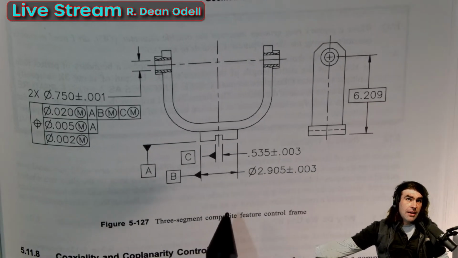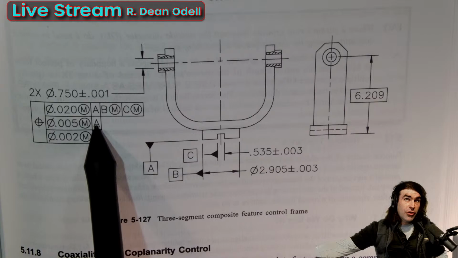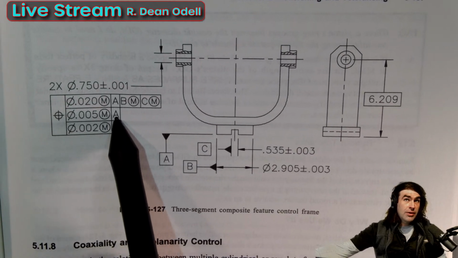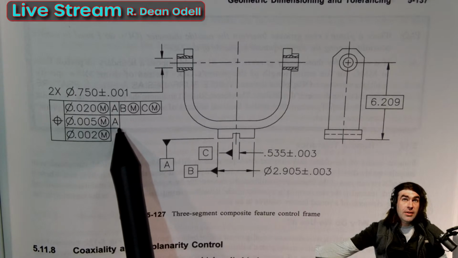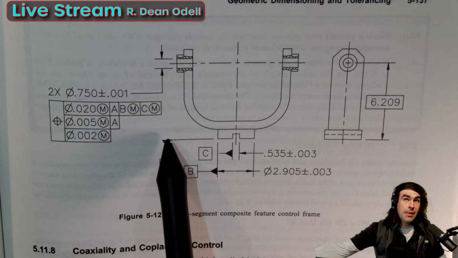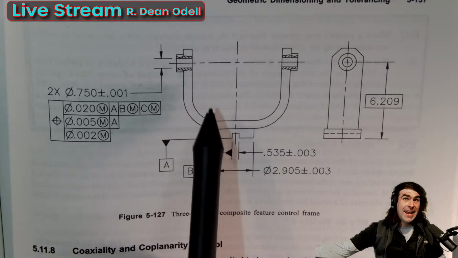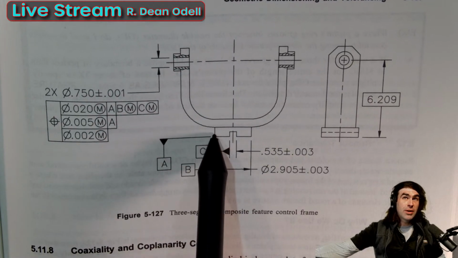Now the second one, we're just controlling rotational degrees of freedom and that feature-to-feature basic relationship. So what are we to A? We're parallel to A, right? That's the rotational degree of freedom.